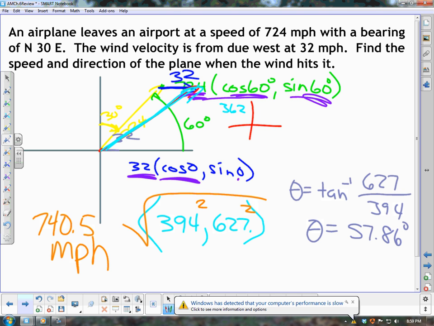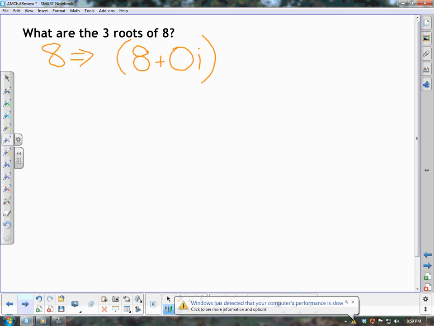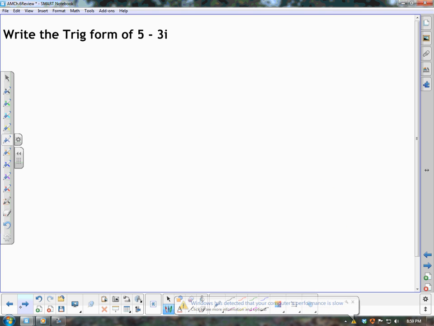And so then the direction of the plane would be north 32.14 degrees east, because we need that angle, not this one. And we aren't going to deal with that one.